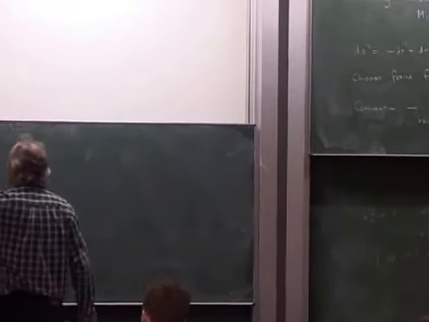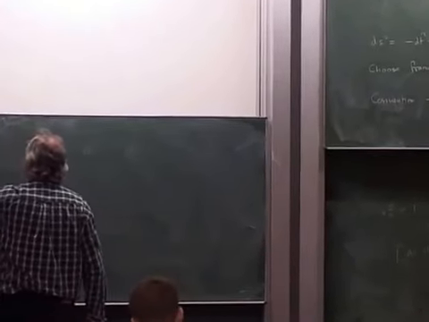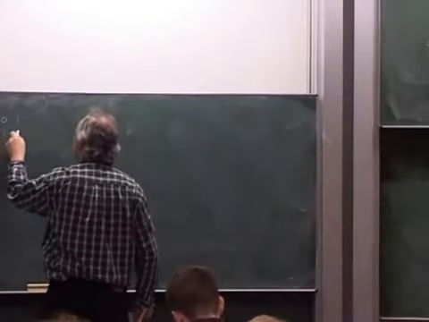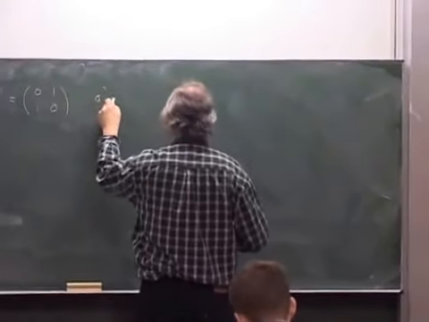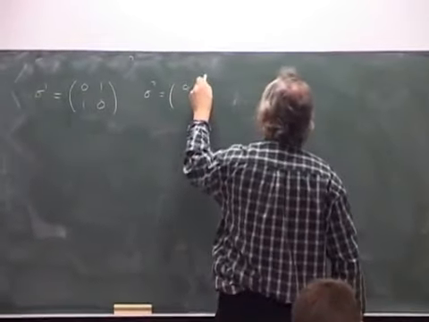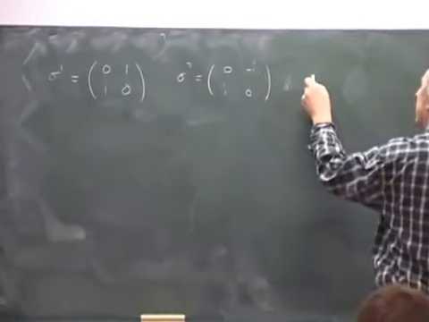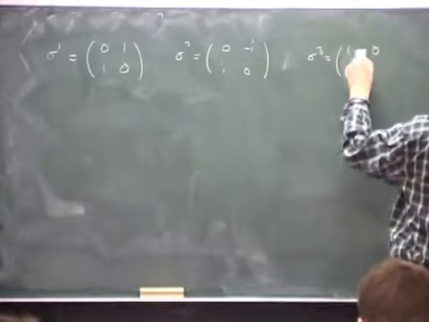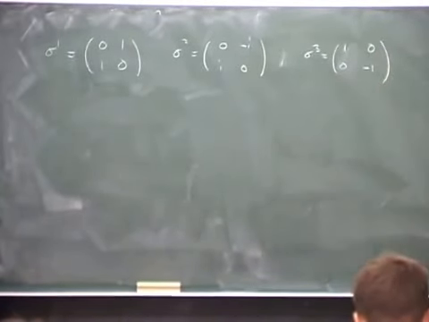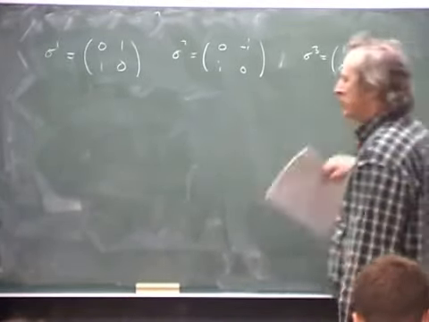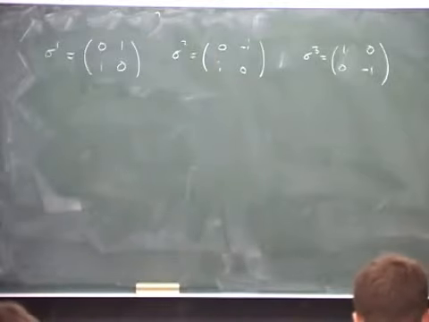My Pauli matrices, just for reference, are 0, 1, 1, 0. Sigma 2 is 0, minus I, I, 0. Sigma 3 is 1, 0, 0, minus 1. And as a consequence of that, you will notice that these are Hermitian, and therefore this is Hermitian.